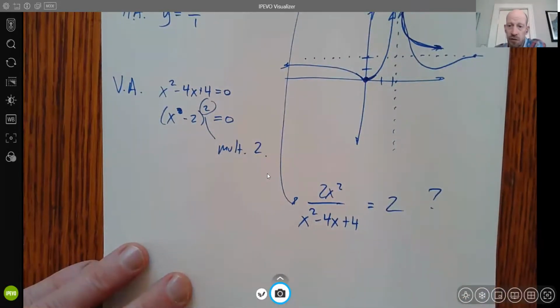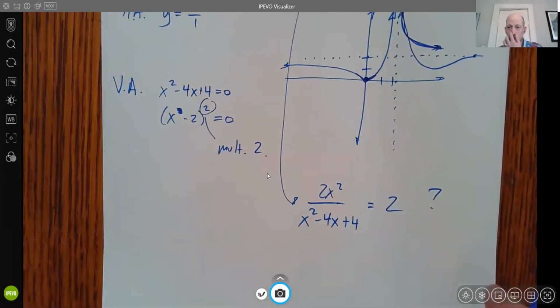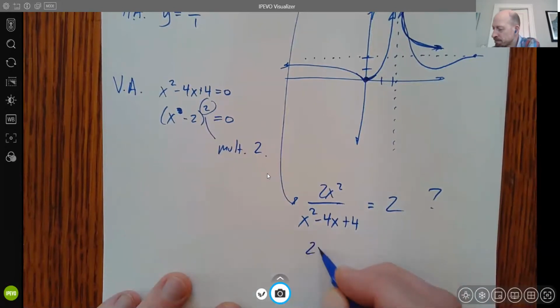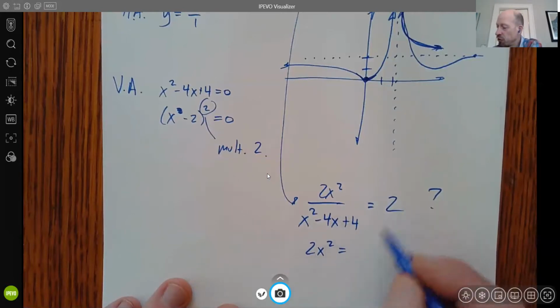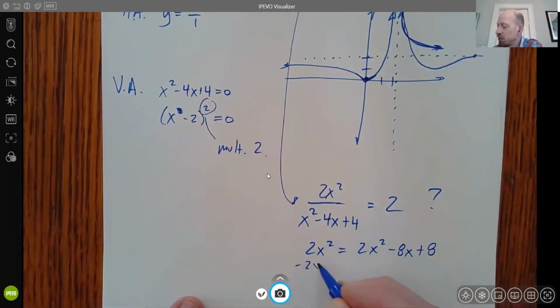So it crosses it if I can find any solutions, any values that make this equal to 2. It often looks like a bad equation to solve, but it actually turns out oftentimes to be pretty easy, because when you multiply both sides to clear the denominator, you're just going to get 2 times this, so 2x squared minus 8x plus 8. And what happens is that those often cancel.